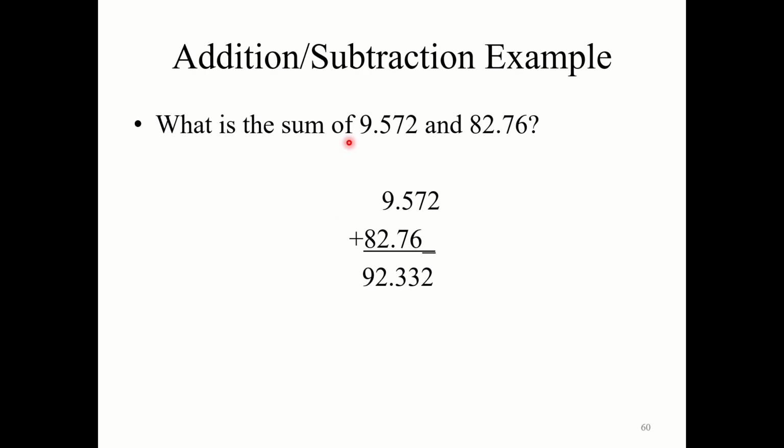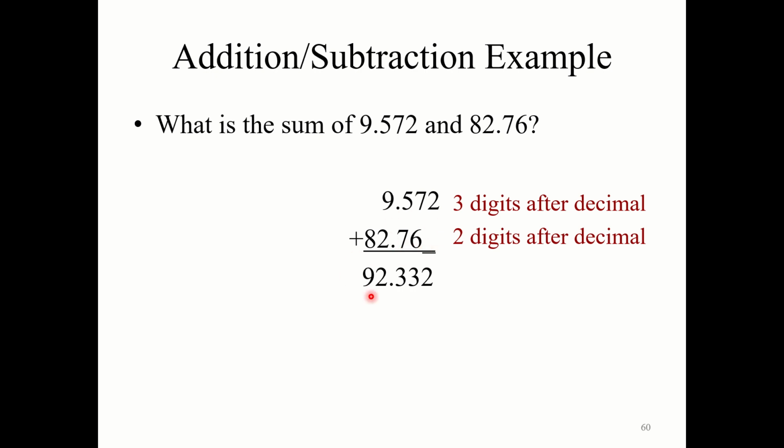So let's look at an example. What is the sum of 9.572 and 82.76? So 9.572 plus 82.76, my unrounded answer is 92.332. So let's look at both of my component numbers here. 9.572 has 3 digits after the decimal, or it has 3 decimal places. 82.76 has 2 digits after the decimal.